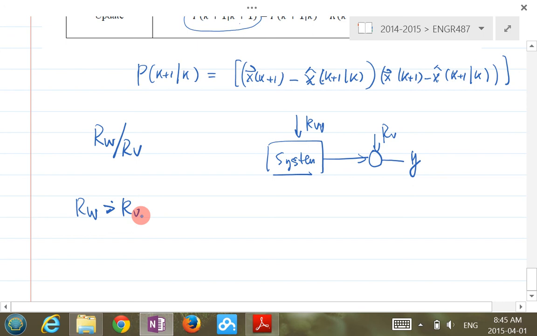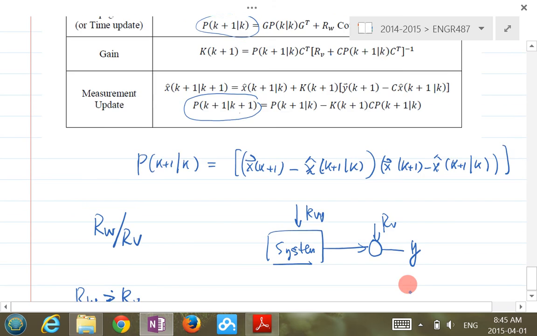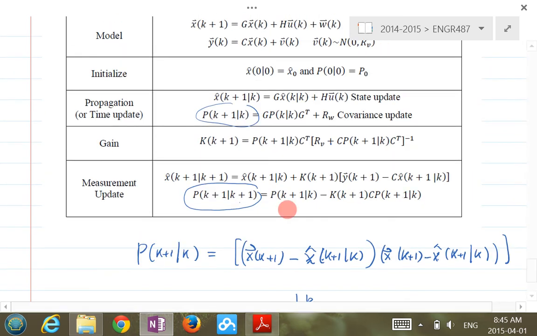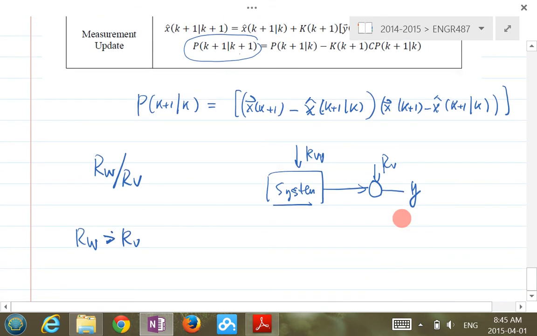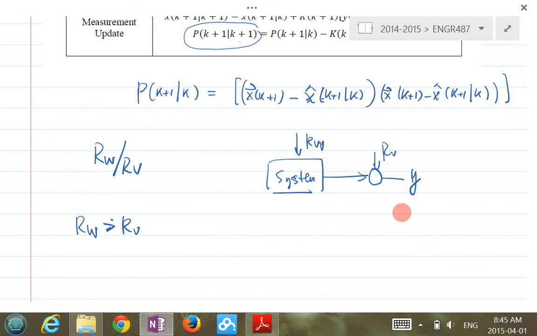So now you know as a user that the process is more noisy and the sensor is more reliable. That makes sense? Then if the process is noisy and the sensor is good, your Kalman filter K is applied to whatever the sensor gives. You will be more confident and want a good estimate, so let's give a bigger K.